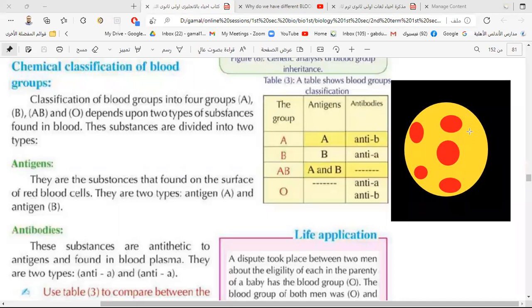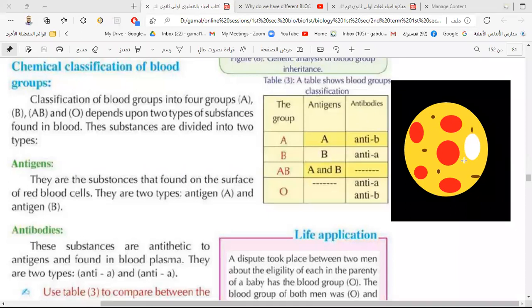What are the components of the blood? We have red blood cells, we also have white blood cells, and we have platelets, and we have plasma. This is platelets, small. And we have white blood cells like this.